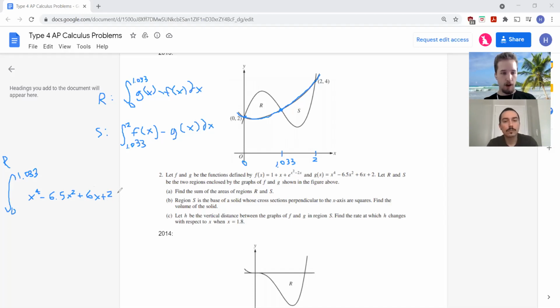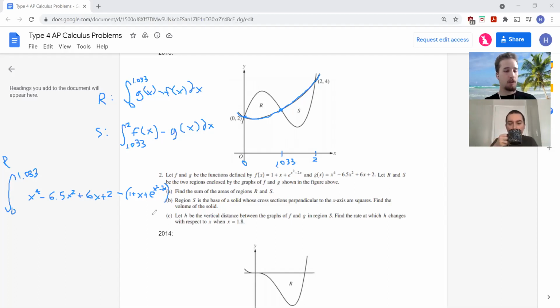And of course, you subtract f of x, and I'm just going to put the f of x down. 1 plus x plus e to the x squared minus 2x.